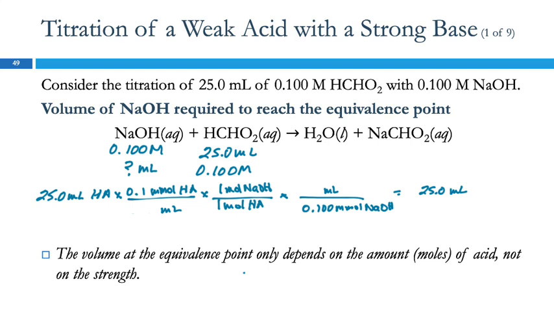Anytime you're doing a stoichiometry problem, and titrations are always stoichiometry problems, you should look at it like this and not use M1V1 equals M2V2, because that is for dilutions. This is not a dilution. In a dilution, you don't have substances changing into other substances, because what gets lost is this mole ratio in the middle.